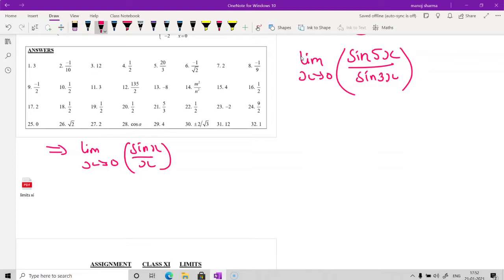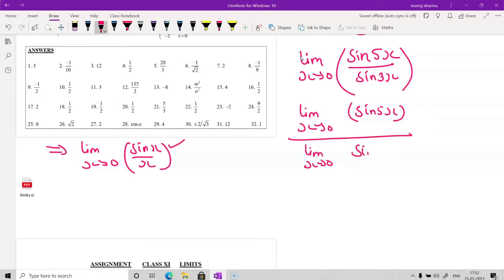Here x is missing, and there are two types of sine with different angles, sine 5x and sine 3x. So I treat it as two different questions. For this I'll do limit x tends to 0 sine 5x divided by limit x tends to 0 sine 3x.